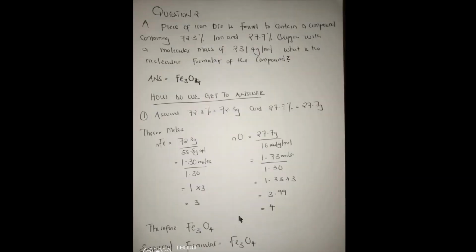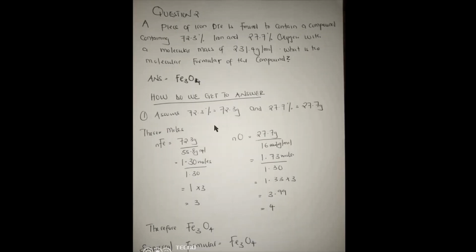When you go to question 2, a piece of iron ore is found to contain a compound containing 72.3% iron and 27.7% oxygen with a molecular mass of 231.4 grams per mole. What is the molecular formula of this compound? The answer here is triiron tetraoxide, Fe3O4.